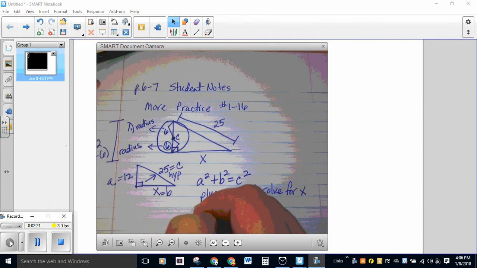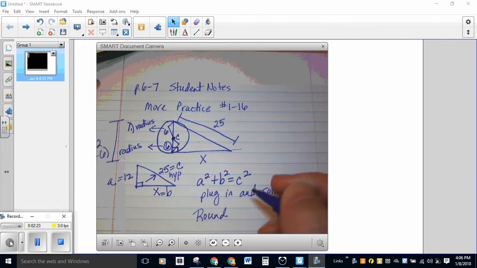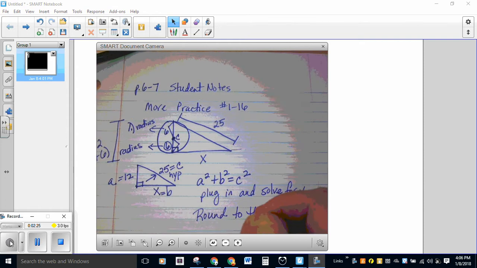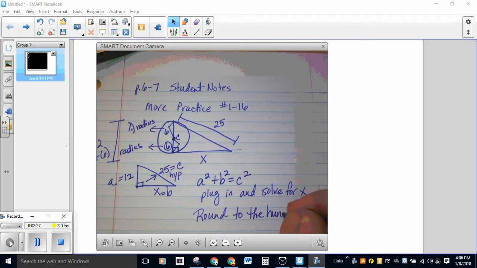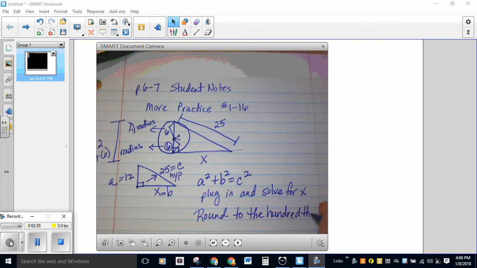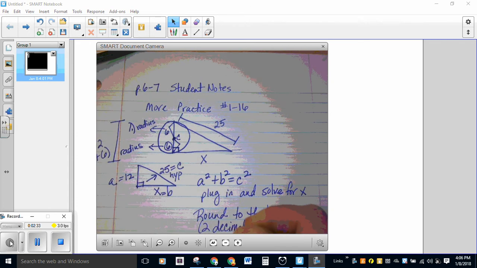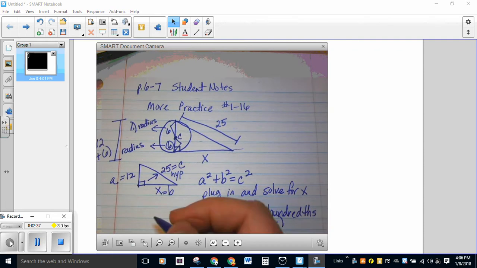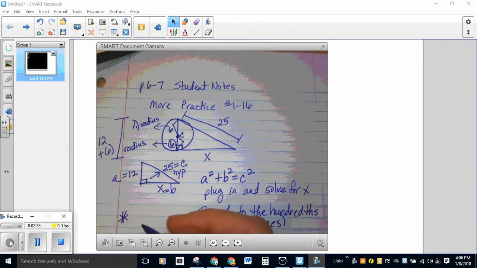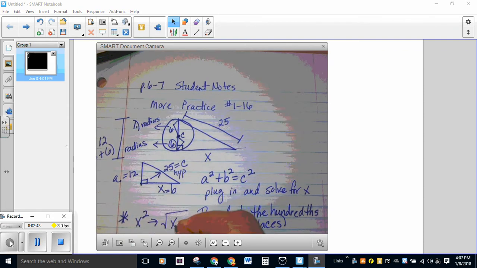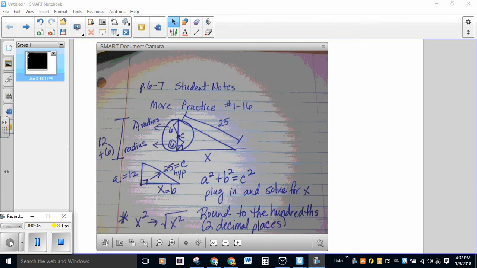And you're going to get a decimal number, so round to the hundredths place, which is also on the instructions I'm going to send, which is 2 decimal places. Also, as a reminder, if you have a number that's squared, to undo that, you take the square root of that. Okay, so that's what you're going to have to do.